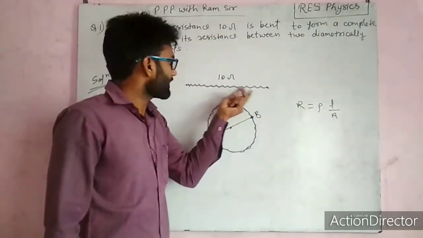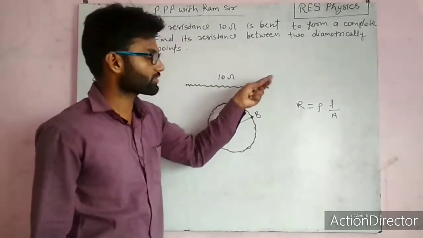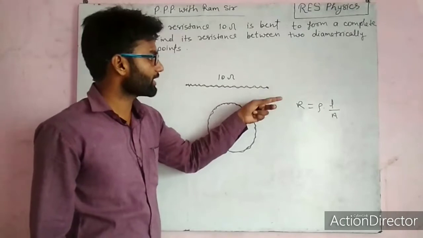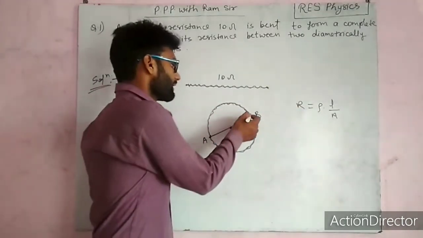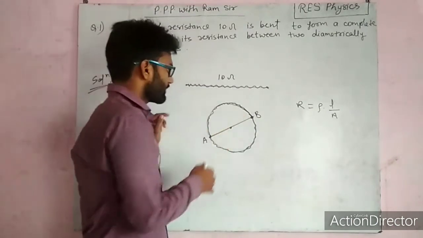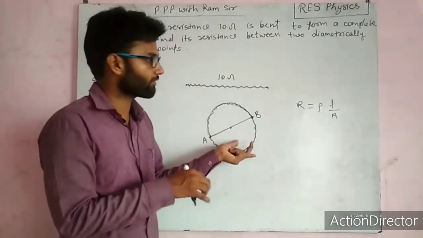So if we are taking one wire, there will be certain resistivity and certain cross-sectional area. But here what we are doing? We are changing the length, right? This portion is half portion of this wire and another portion is half portion of the wire.